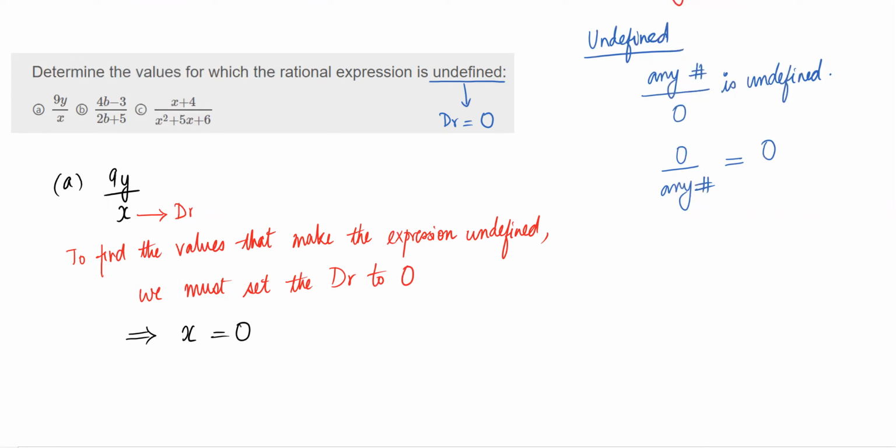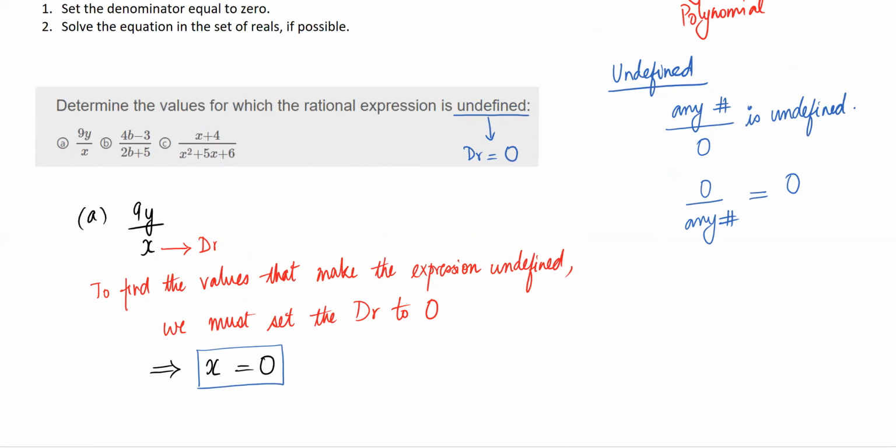Now, this is a trivial problem. You already solved for x by simply setting it to 0 because you didn't have anything else to reduce the x to. You didn't have to isolate x, you didn't have to move numbers to the right and so on. So in this case, this itself is your answer. In other words, when x takes the value 0, the expression becomes undefined. So we have determined the values that will make it undefined.